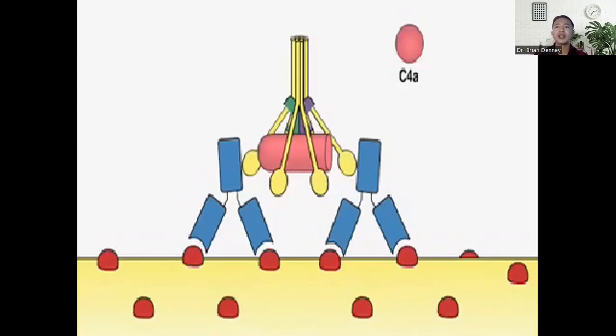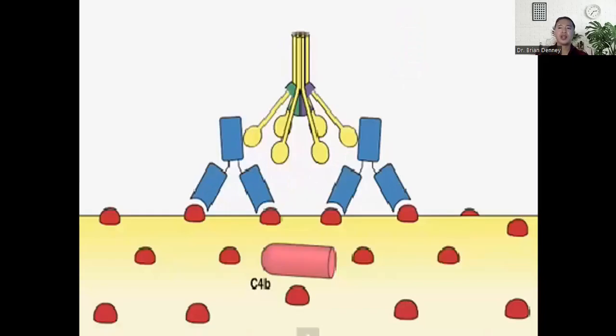What happens now to your C4B? C4B, being the larger fragment, participates in the cascade. So we have now C4B. Your C4B must be attached to the surface of your bacterial wall for it to cause activation of the next complement proteins. What is the next complement protein to be activated by your C4B?